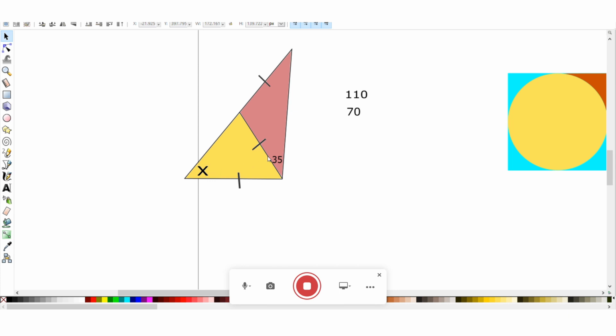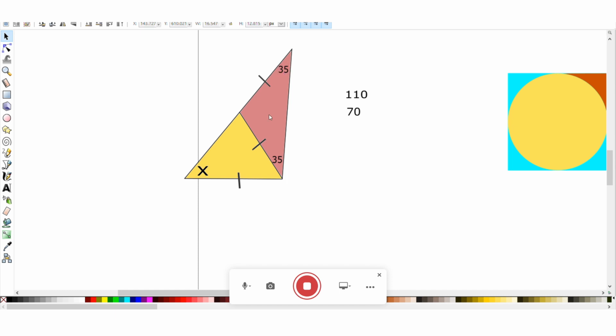So in an isosceles triangle, it's kind of hard to see, but if I rotate this, it means that this angle and this angle is supposed to be the same. So if here's 35, that means over here is also 35 because it's an isosceles triangle.